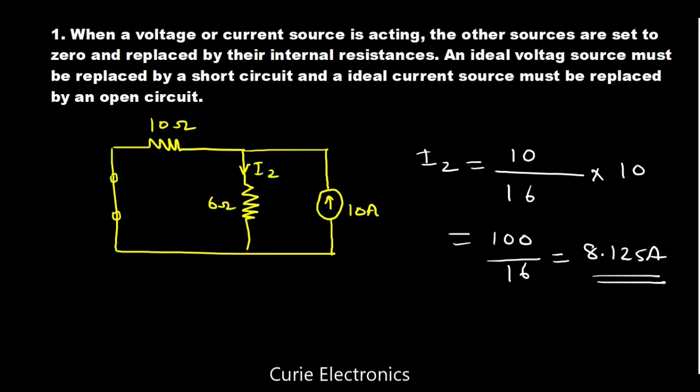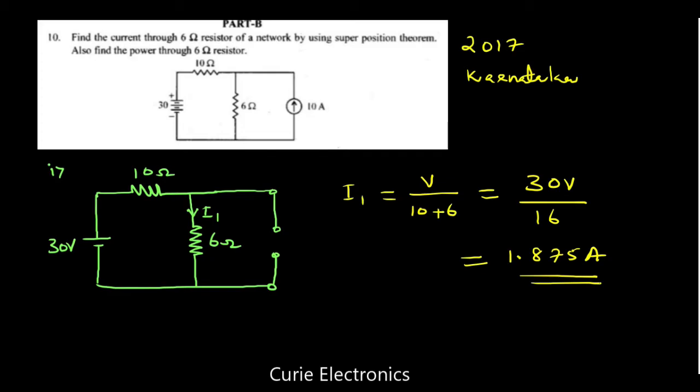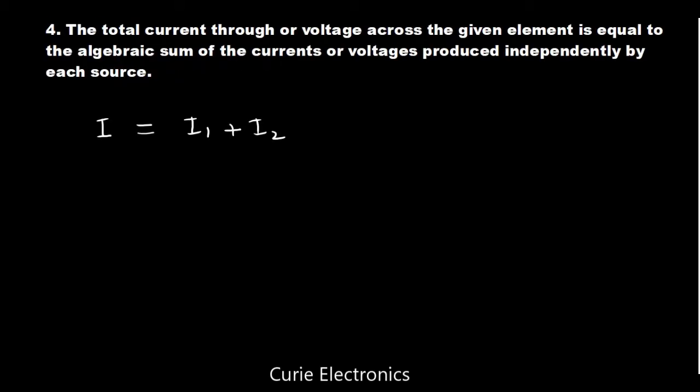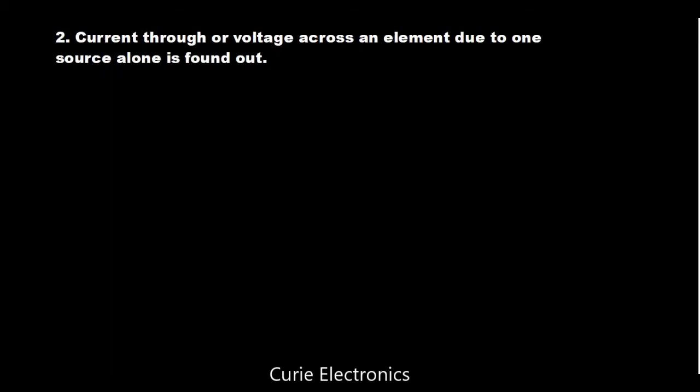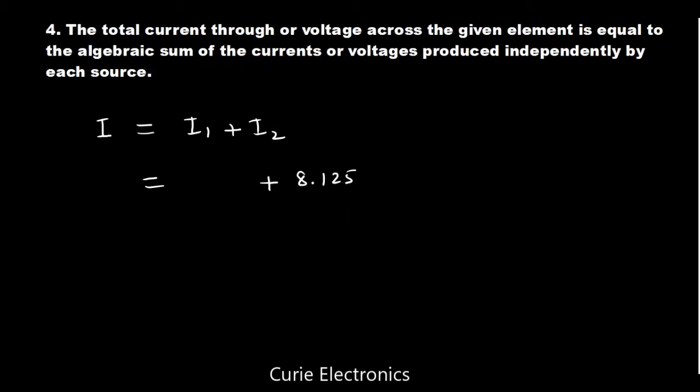I2 we got as 8.125 amps, and I1 equal to 1.875, both in amps. If we add these two, what will we get?